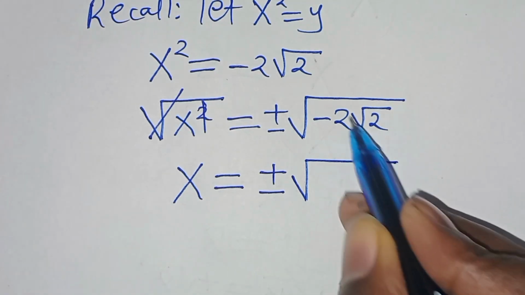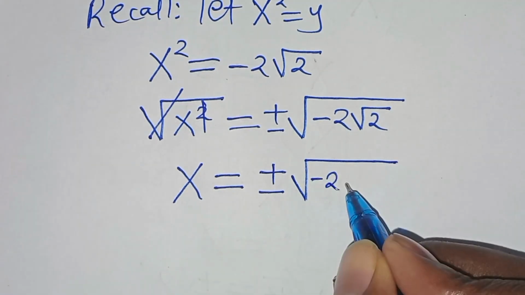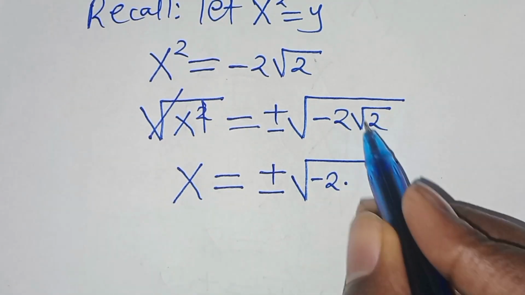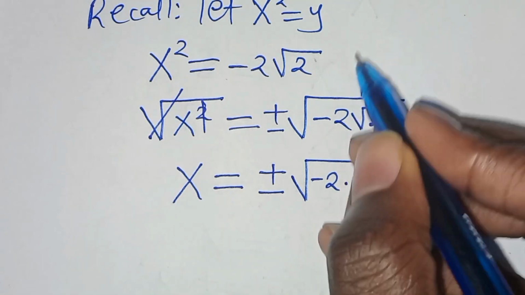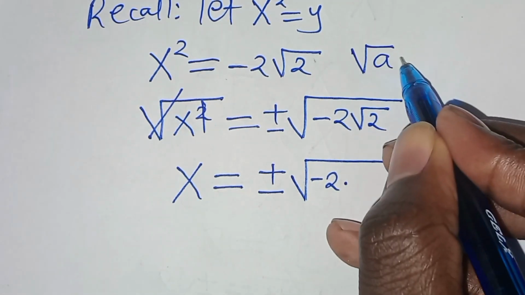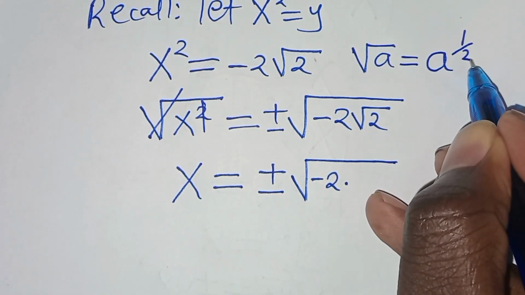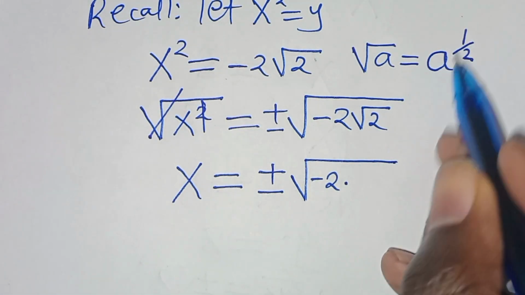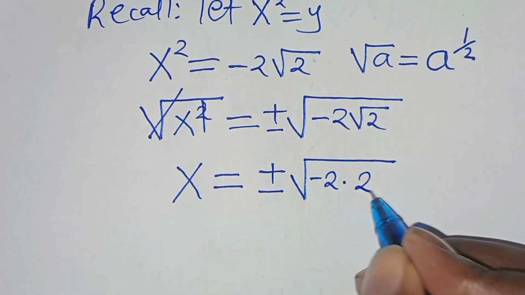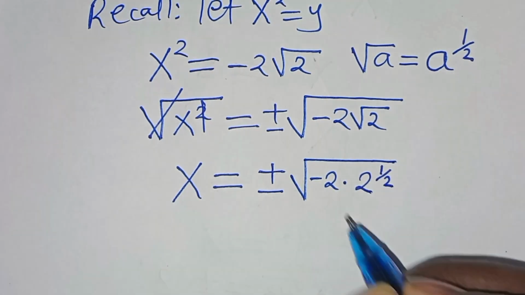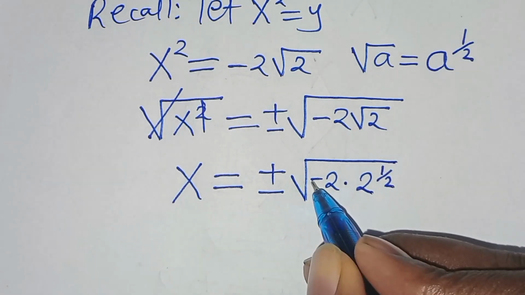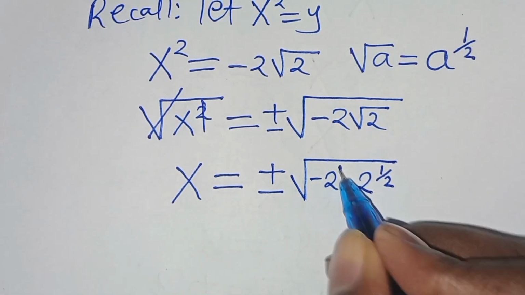minus 2 multiplied by, now we can express square root of 2. Remember, if you have the square root of a, this can be expressed as a raised to the power half. So applying this property, this is the same thing as 2 raised to the power half. Remember, this is the same thing as minus 2, and this 2 is raised to the power 1.